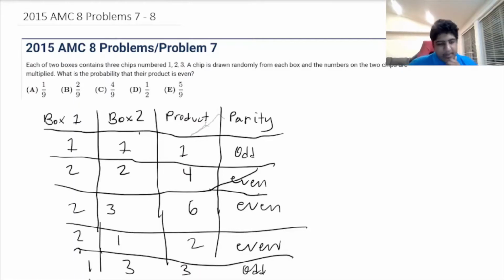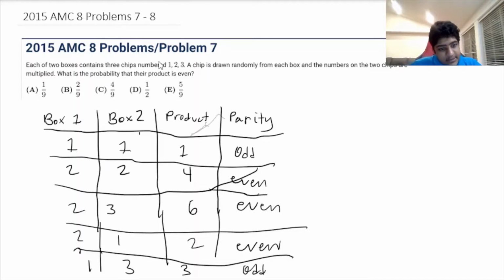So as you might have noticed, the product is always even if there's at least one 2 in the product. This is because an even number is defined as a number which is divisible by 2. So essentially, we're trying to find the probability that there's at least one 2 in the 2 chips drawn.